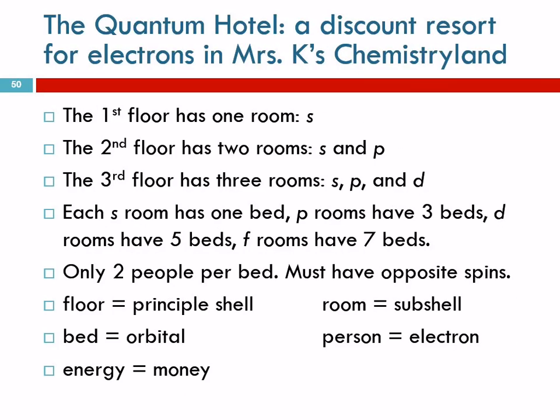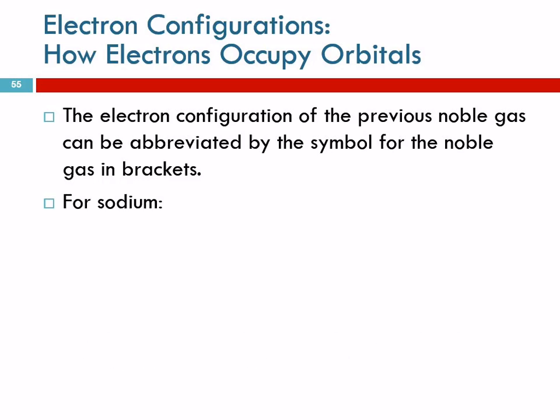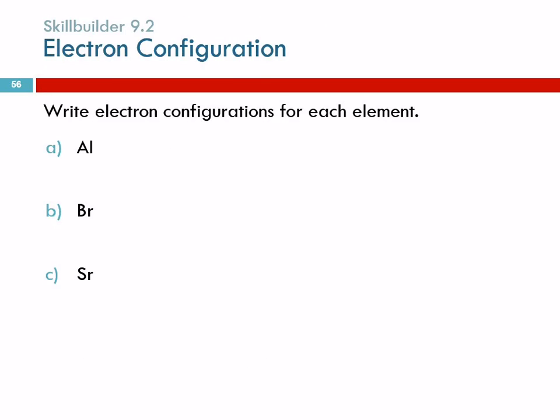So let's try to go back and do these. We did aluminum. We did bromine. Let's do strontium. We don't have the cheater chart, but we do have the one on the wall. So if we're going to do strontium, what's the previous noble gas?